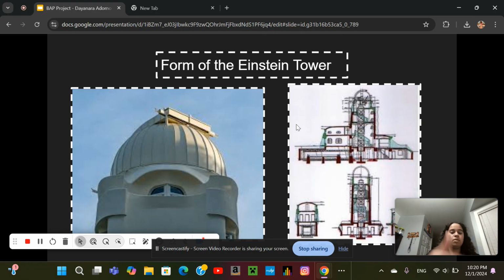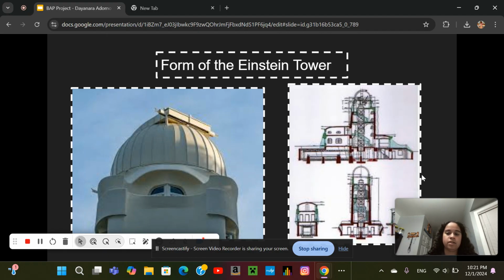From the front of it over here, you can see that it's partially curved. That's what they're talking about, the curving walls and rounded tower structure. The building's shape has been compared to both natural elements and futuristic structures due to its lack of sharp angles and seamless connections between different parts of the building.